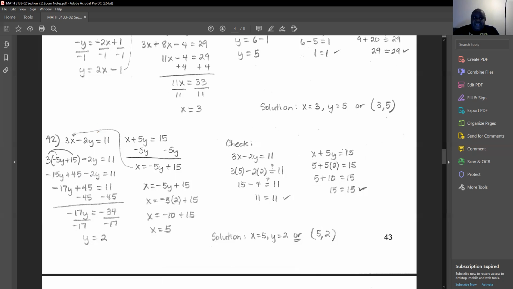The second equation, x plus 5y equals 15. I replace the x with 5 and the y with 2, and when you simplify the left side, it does equal the right side. So the solution for this system of equations would be x equals 5, y equals 2. Or we can write it as an ordered pair, (5, 2).